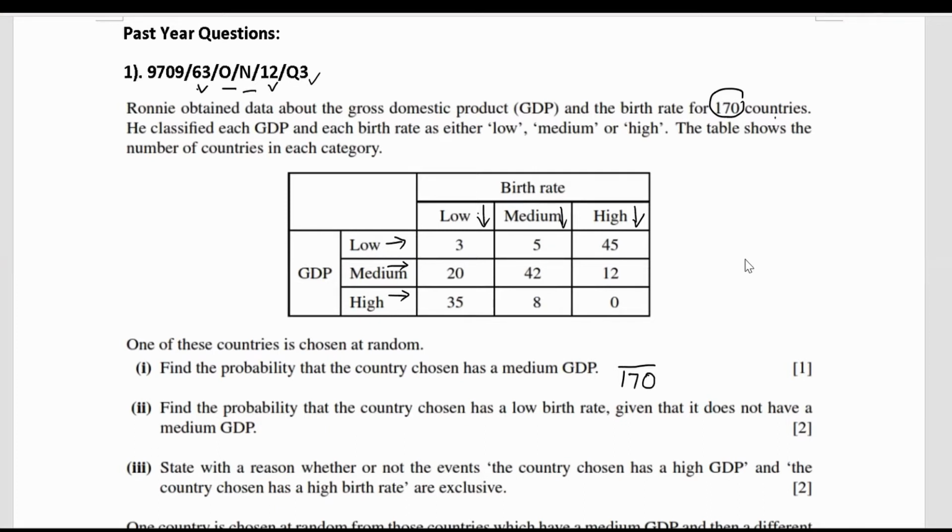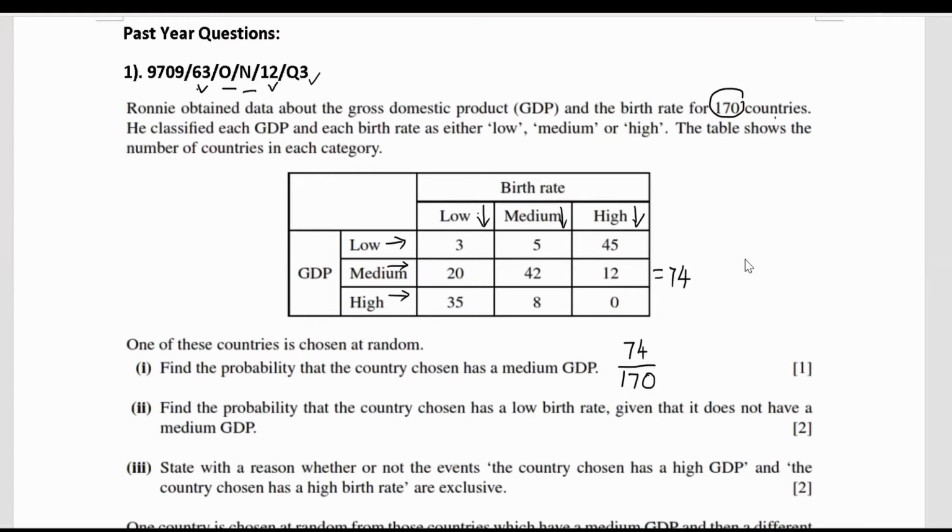Then we look at the median GDP, which is the middle row, and sum them up: 20 plus 42 plus 12, which is 74. That will be the answer for part 1: 74 out of 170, the probability of a country that has a median GDP.